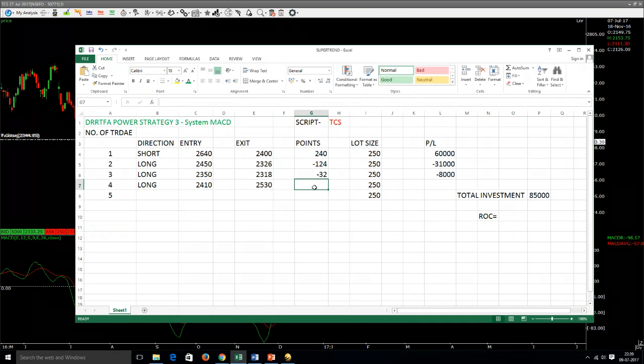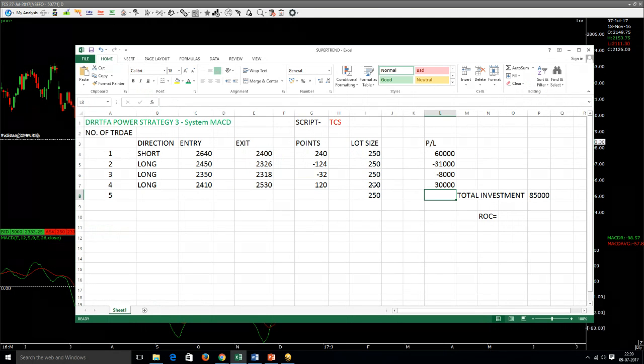So our points are our exit minus our entry, and our profit loss is equal to this multiplied by our lot size, which is 250, 30,000.